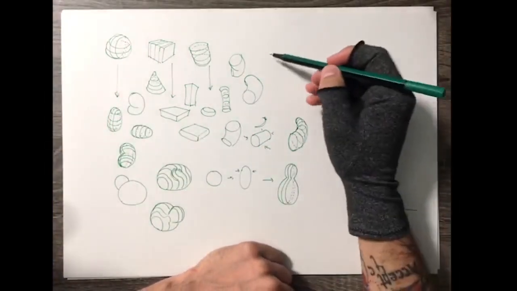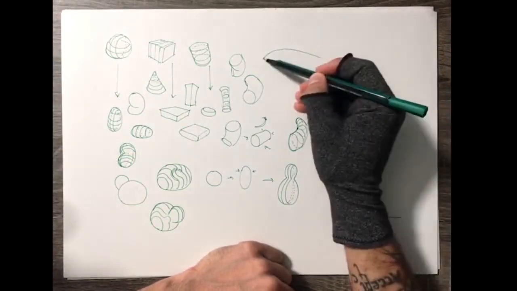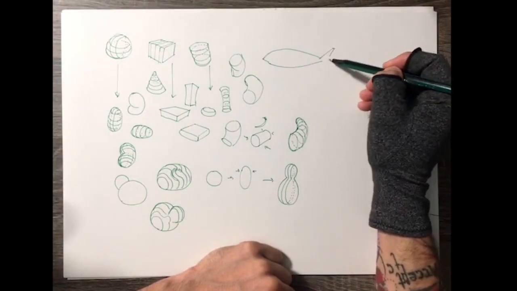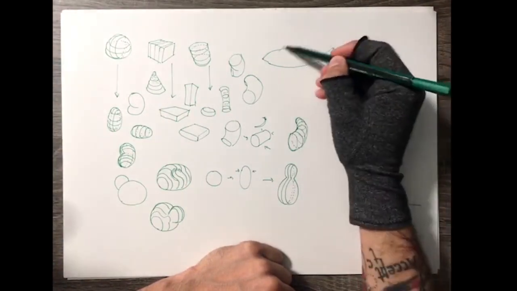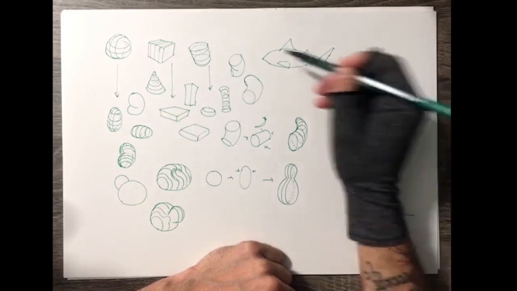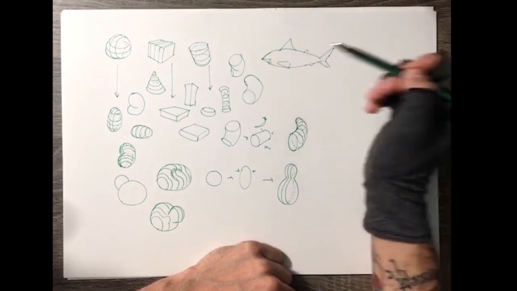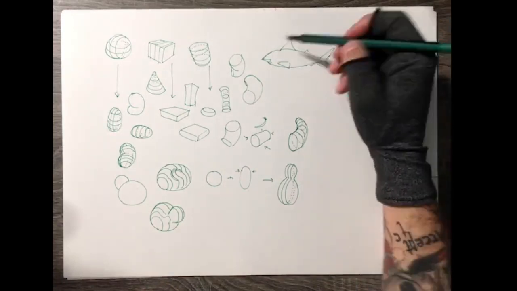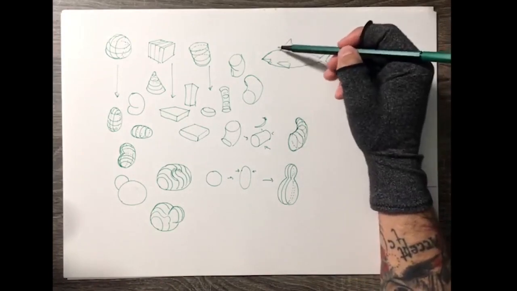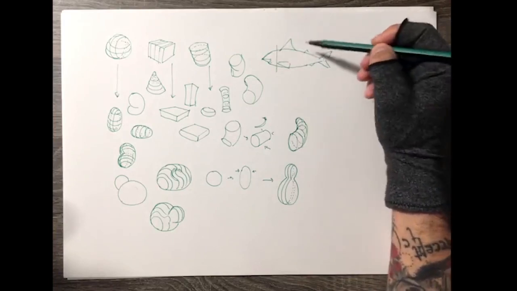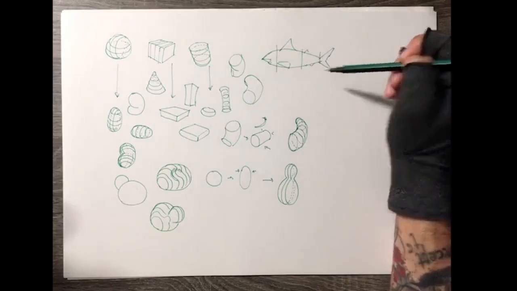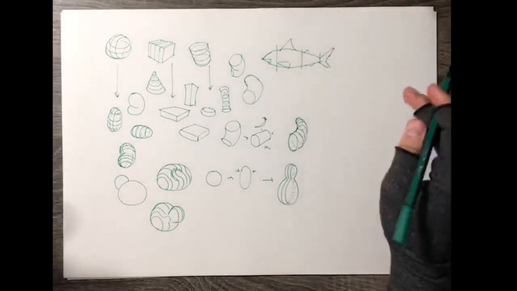All right. So for instance, in the case of a shark, what you could do when you see one from reference, or you want to make one up from imagination, is say, okay, this part is like half a sphere, and then we have maybe two cylinders connected together, right? We're not considering the dorsal fins or the tail at the moment.